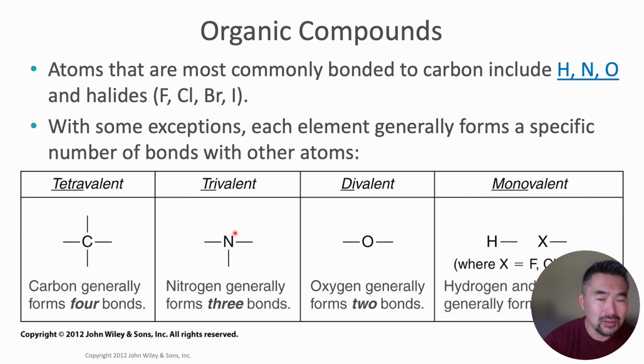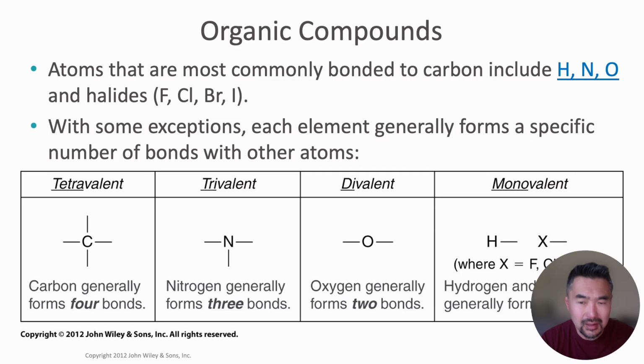Outside these normal numbers of bonds, carbon 4, nitrogen 3, oxygen 2, hydrogen and halogens 1, they would have a charge, and charge is an uncomfortable thing for an atom to have, because that means you have way too many or way too few electrons. It's a high energy state. And so for that reason, these elements tend to have these same numbers of bonds.